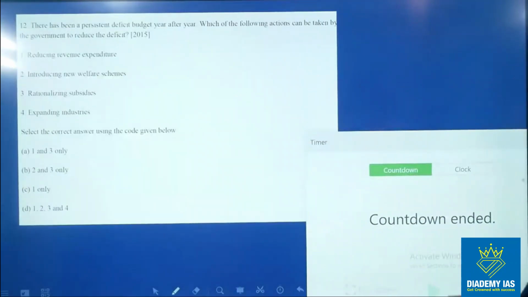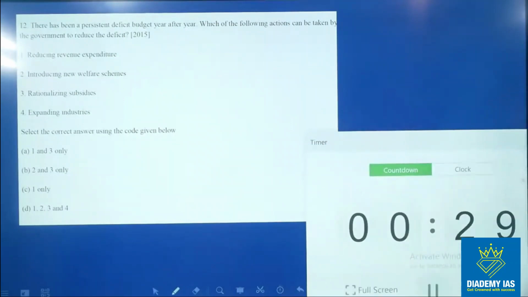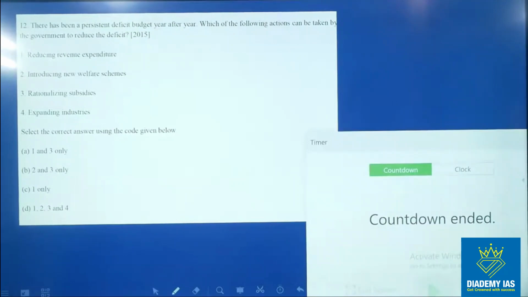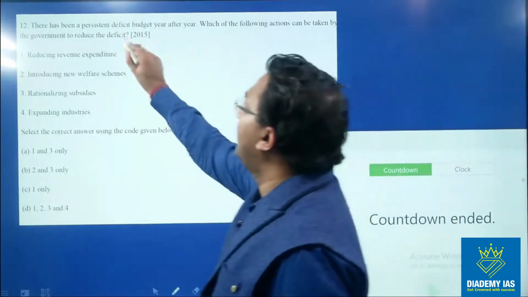So take 30 seconds. Again, this is a good question. There has been a persistent deficit budget year after year.